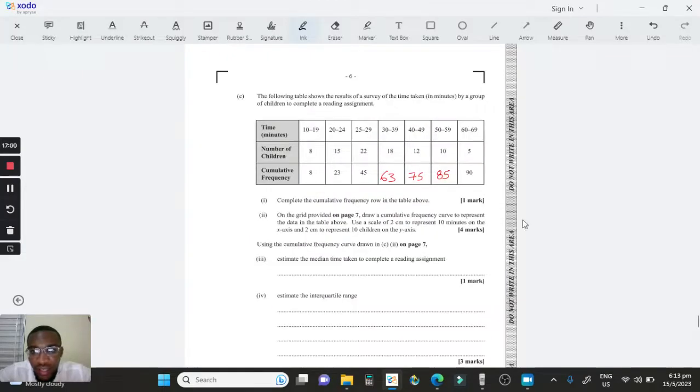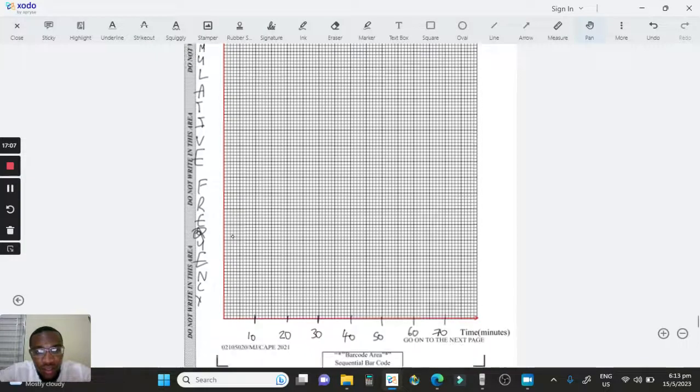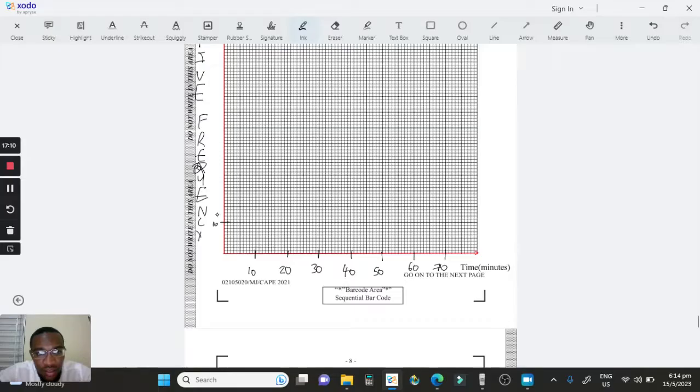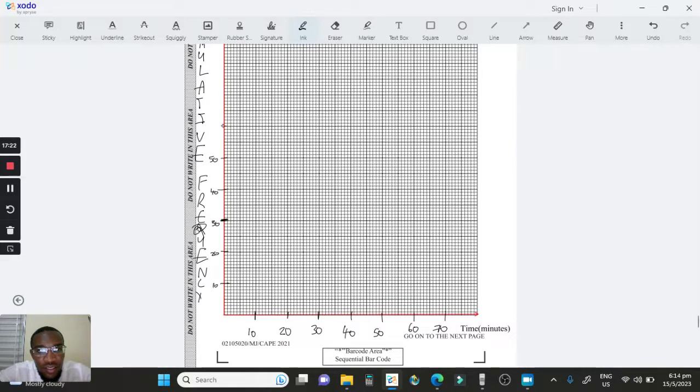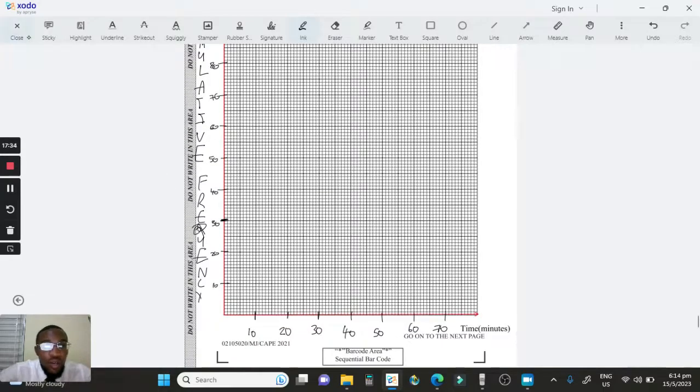All right, and then the cumulative frequency, we're going up to 90. So we can go 10, 20, 30, 40, 50, 60, 70, 80, and 90. That's that. Now we can go ahead and plot these points.